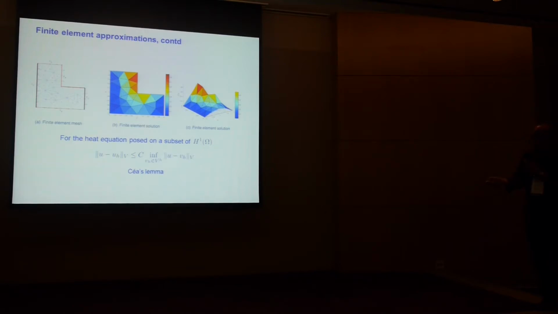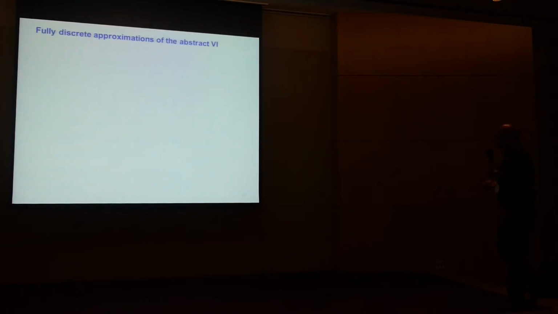It tells me that my error in the solution is bounded by something involving the shortest distance between my exact solution and any function in the discrete space. And I can then use interpolation theory to get a rate of convergence from that. So that's how the finite element method works.